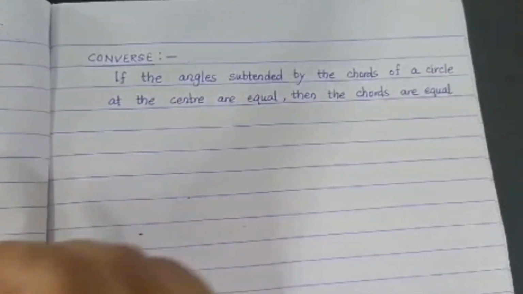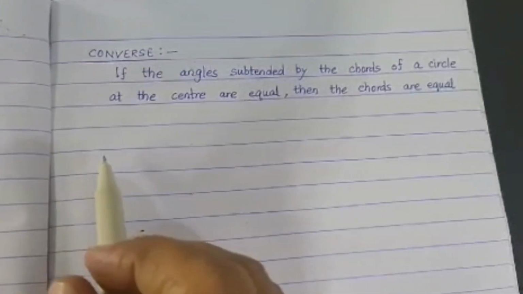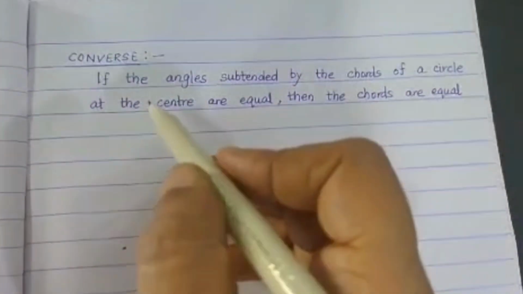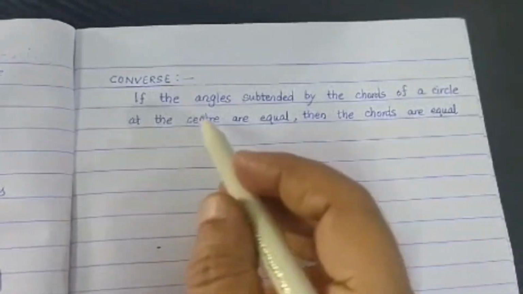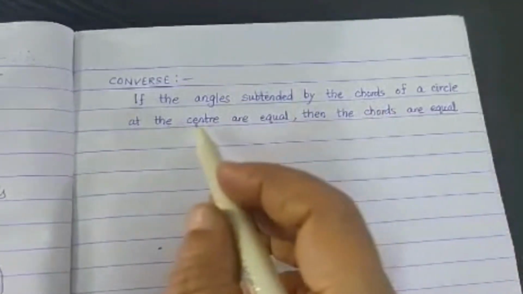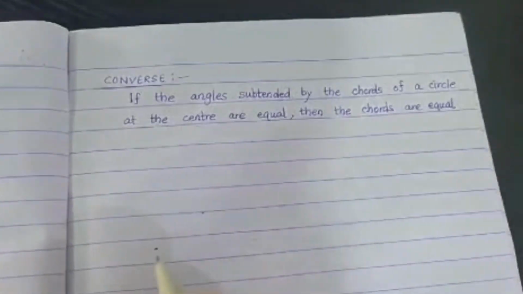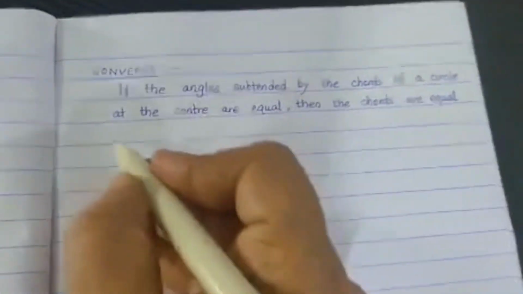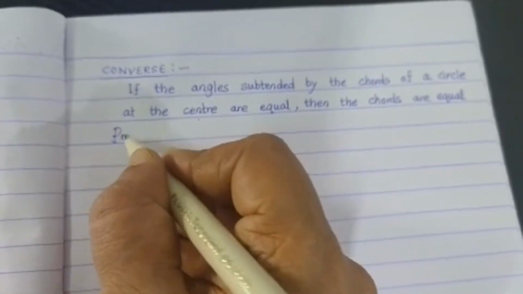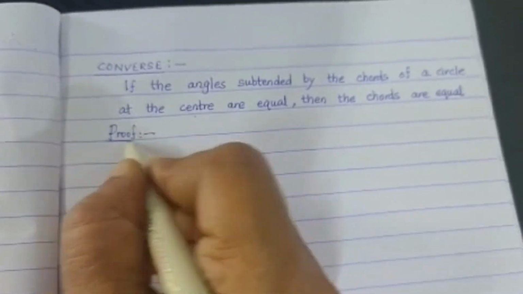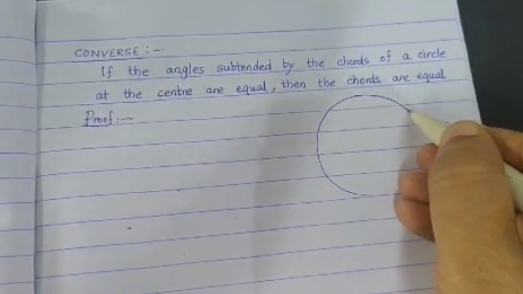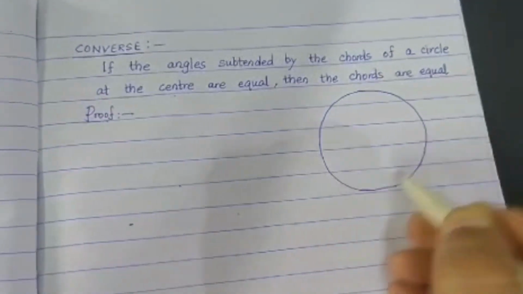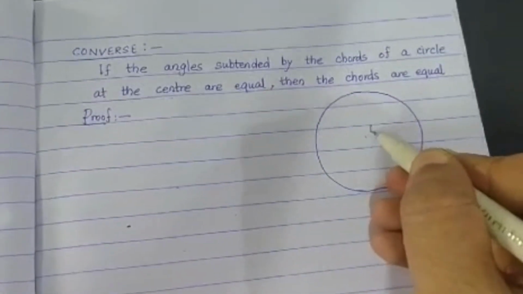The theorem was equal chords of a circle subtend equal angles at the center. The converse will be like this: if the angles subtended by the chords of a circle at the center are equal, then the chords are equal. So let us prove this one also. It's a simple proof. Suppose this is the given circle, and this is the center.